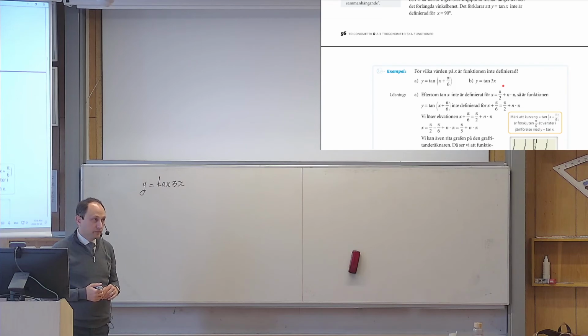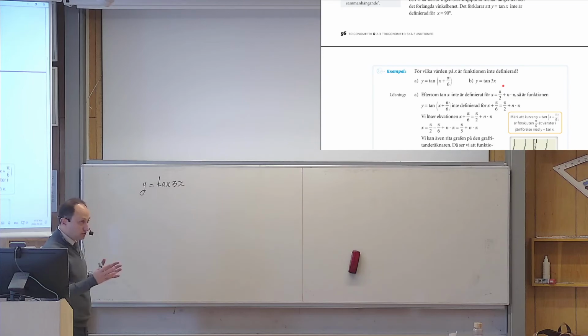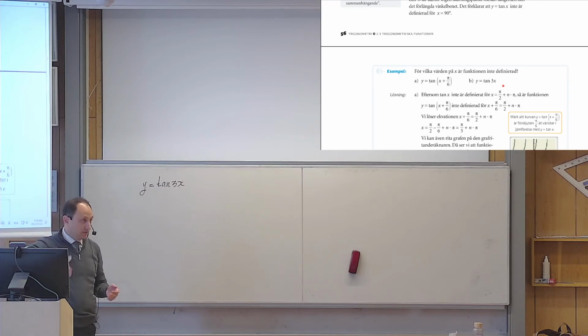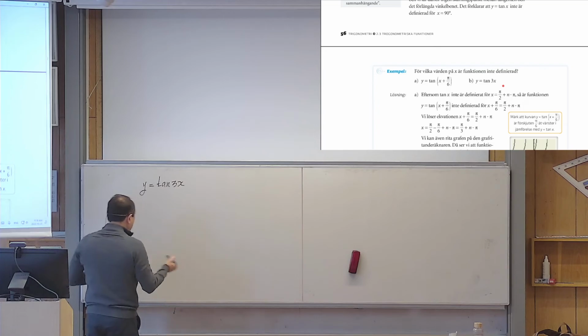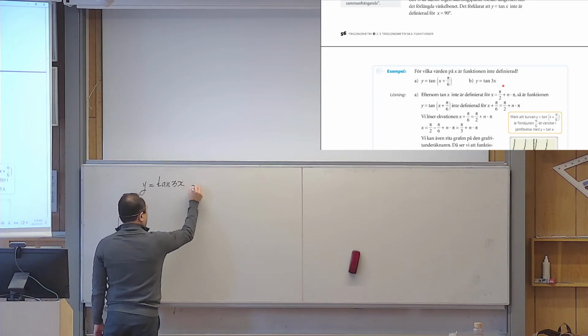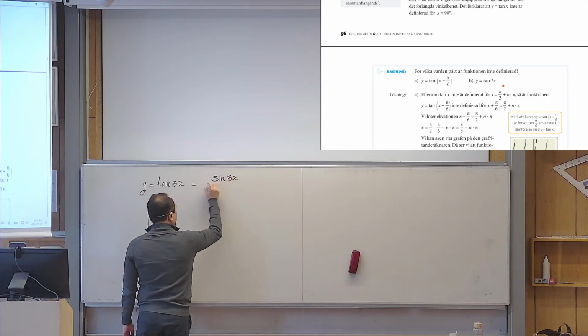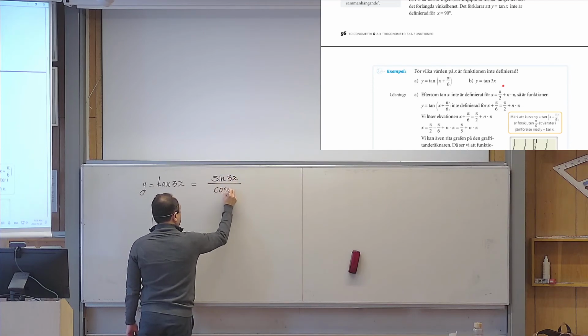You should make 3x into 90 or minus 90. Not just that, no, because this is not wrong, but this is not the complete version. More than that, because you saw that there are infinitely many discontinuities. So you should solve it in this way. You need to write this as what? Sine over cosine of the same angle.